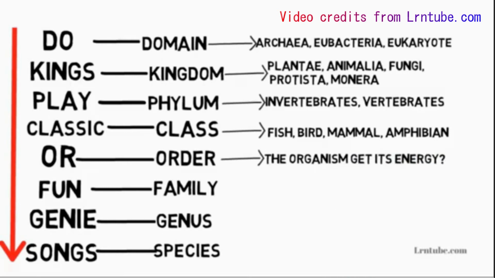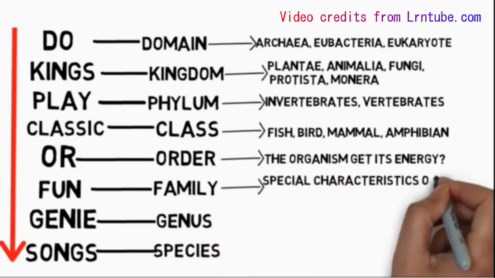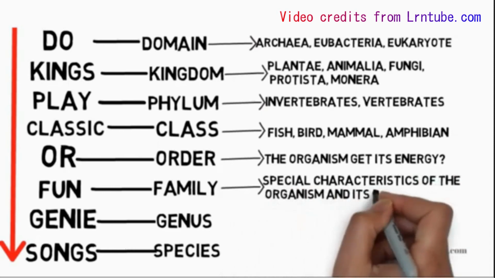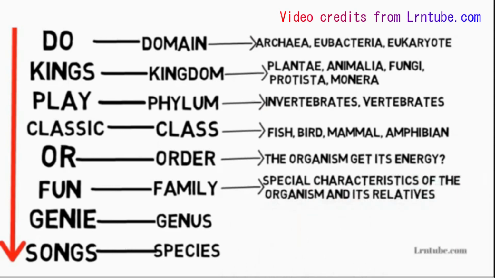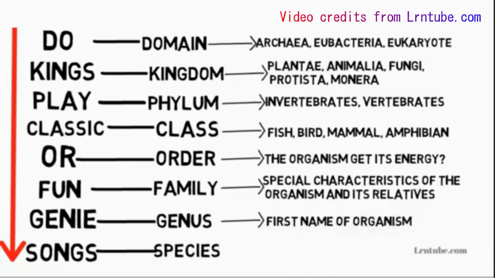That is where you place them in the order. So under family, you talk about the special characteristics of the organism and its relatives. And genus is the first name of the organism, and species is the last name of the organism.